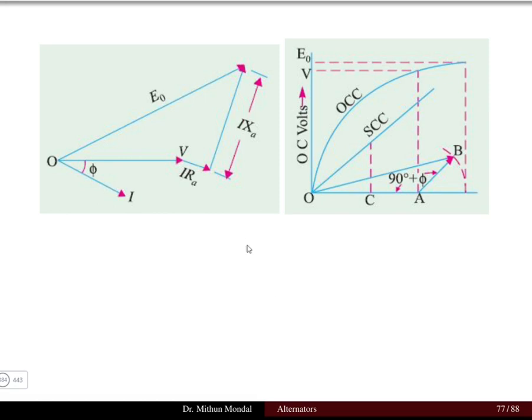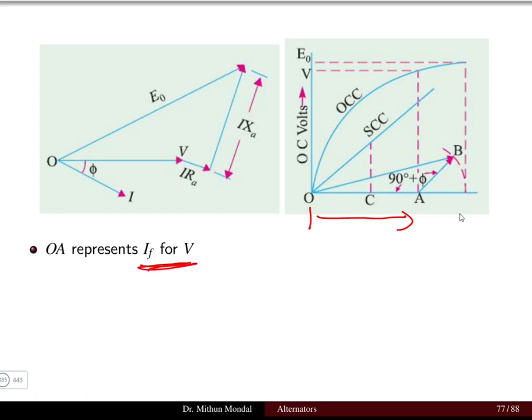Then we have to draw the OCC characteristic of the machine and the SCC characteristic of the machine, similar to the EMF method, and a little bit of difference is there where we have to obtain the phasor diagram to find the value of E naught. So first, this part OA will represent the field current for the rated voltage.